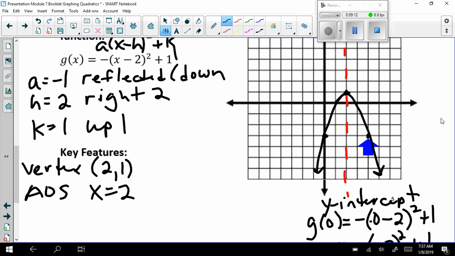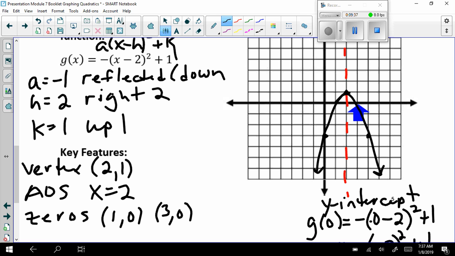And then finishing up my key features. So I have my vertex, I have my axis of symmetry. It looks like my zeros are nice and pretty. So it looks like my zeros are 1, 0, right there. And 3, 0, right there.